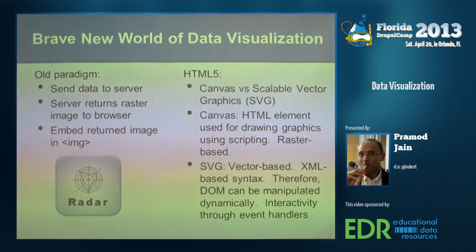Okay, the next. So let me talk about, just as an introduction, what the old paradigm was. Basically, you would send data to a server. It would create a raster image, PNG, GIF, JPEG, send it back to the browser, and then you would see the image.